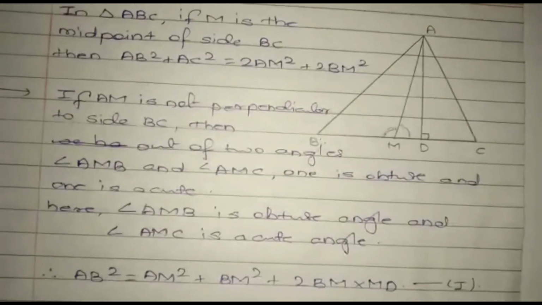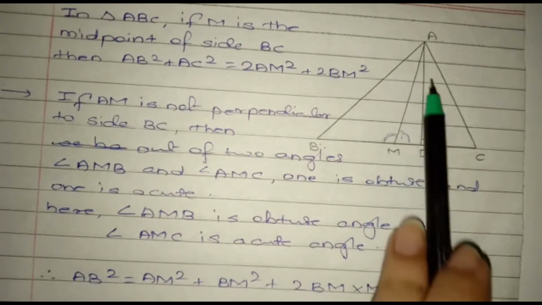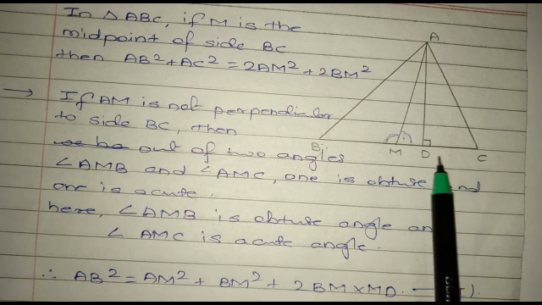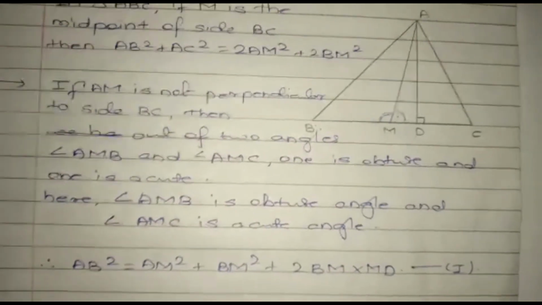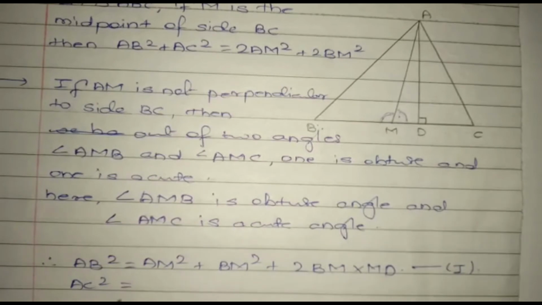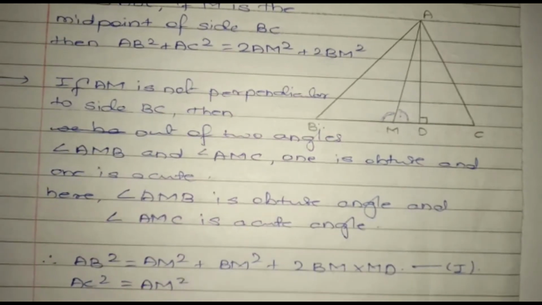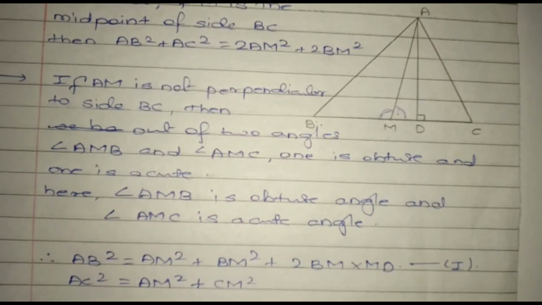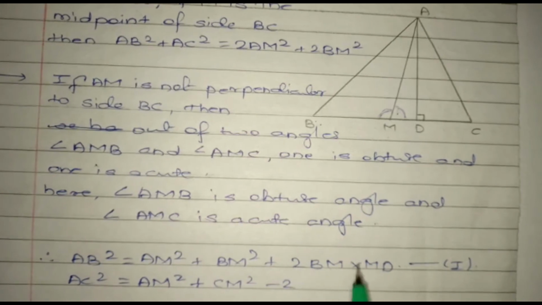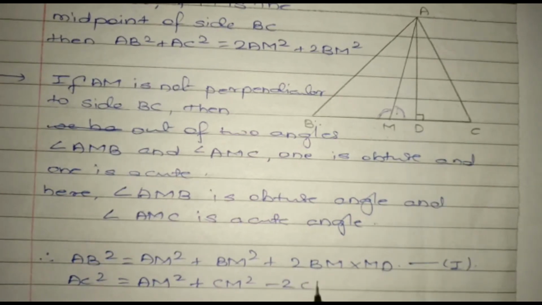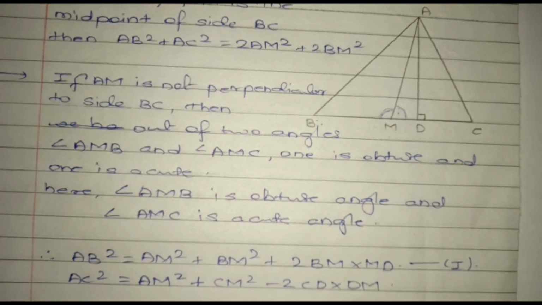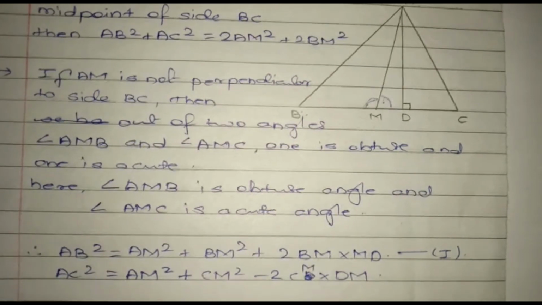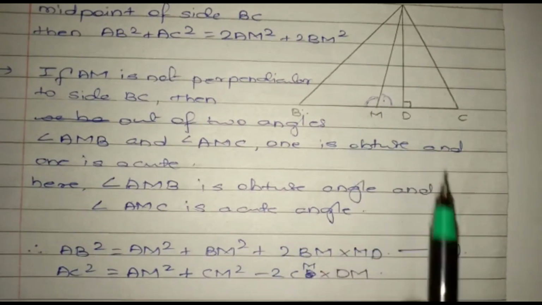And now using the same relation for acute angle, that is this angle, we will get AC square is equal to AM square plus CM square minus 2 into CD into DM. Sorry, it is not CD, it is CM, minus 2 into CM into DM.